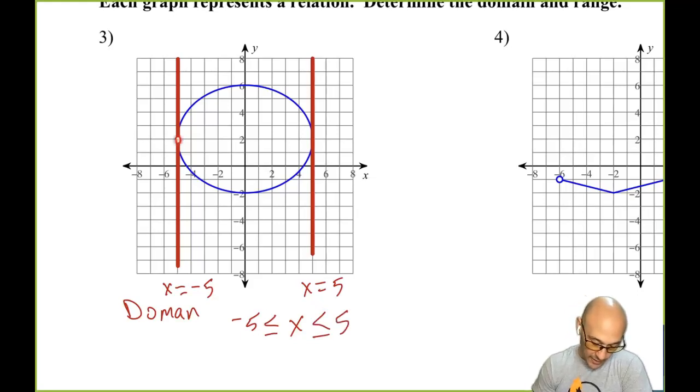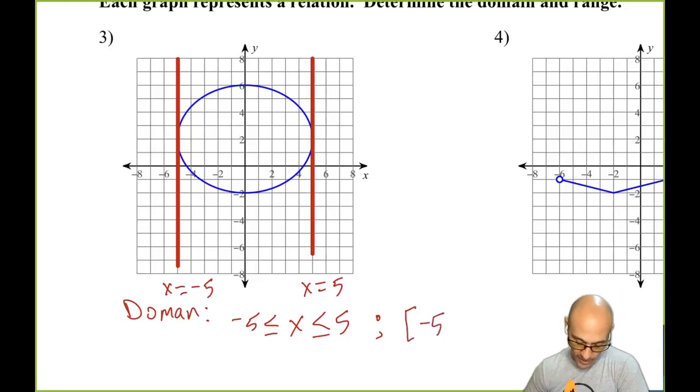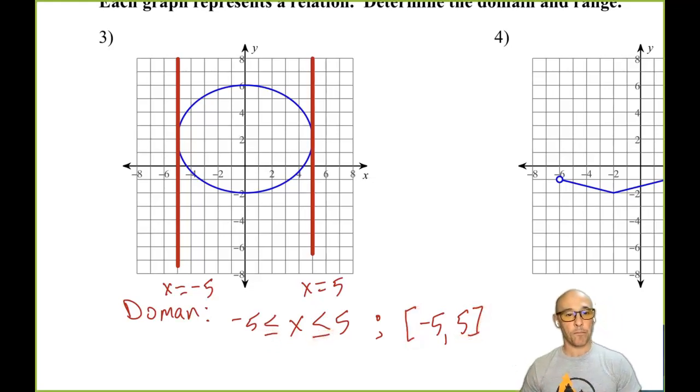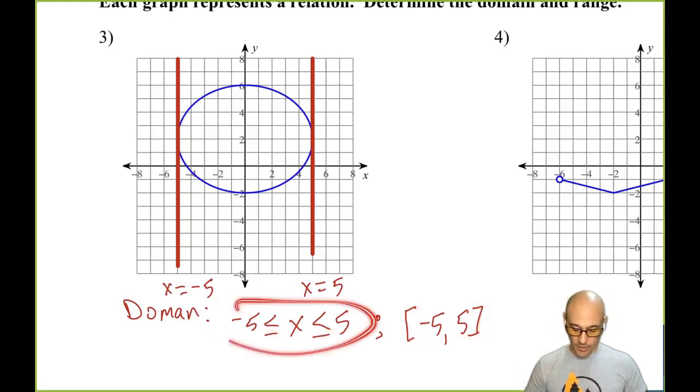So our domain goes from x is -5 up to x is +5, and that's one way to write it. You can also write it like this, it's going to be a square bracket, -5 to +5. The square bracket means that it can equal those values as well. And I think that in the curriculum, they're doing it this way.